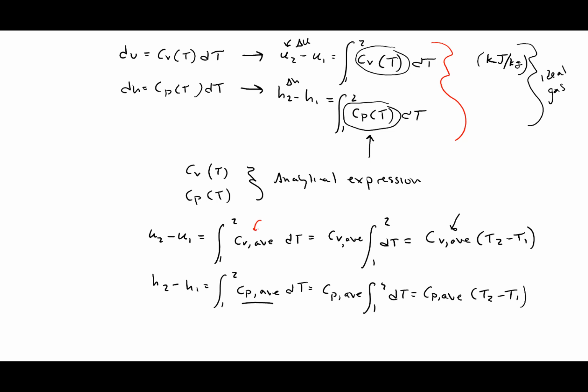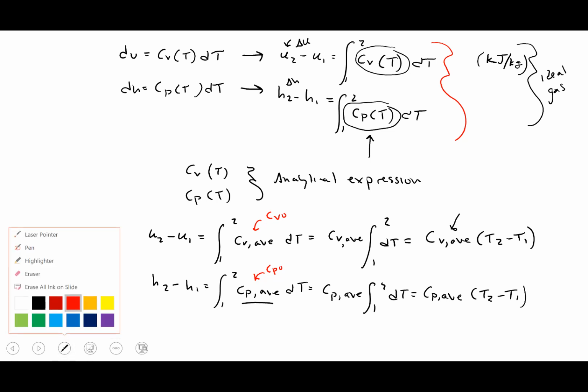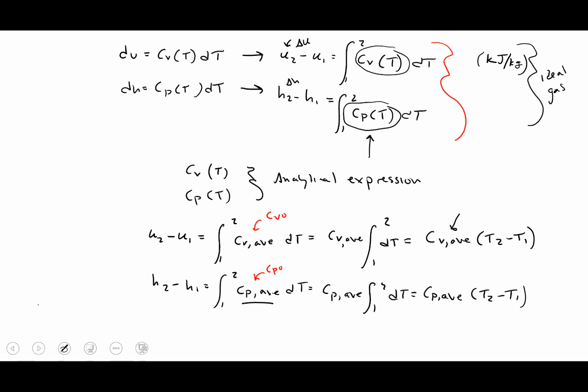We're just going to have a constant here that's CV naught and CP naught instead of CV average and CP average. So we're going to end up with, in the case of using CV naught or CP naught, we're just going to get U2 minus U1 is equal to CV naught, T2 minus T1, and H2 minus H1 is equal to CP naught, T2 minus T1.